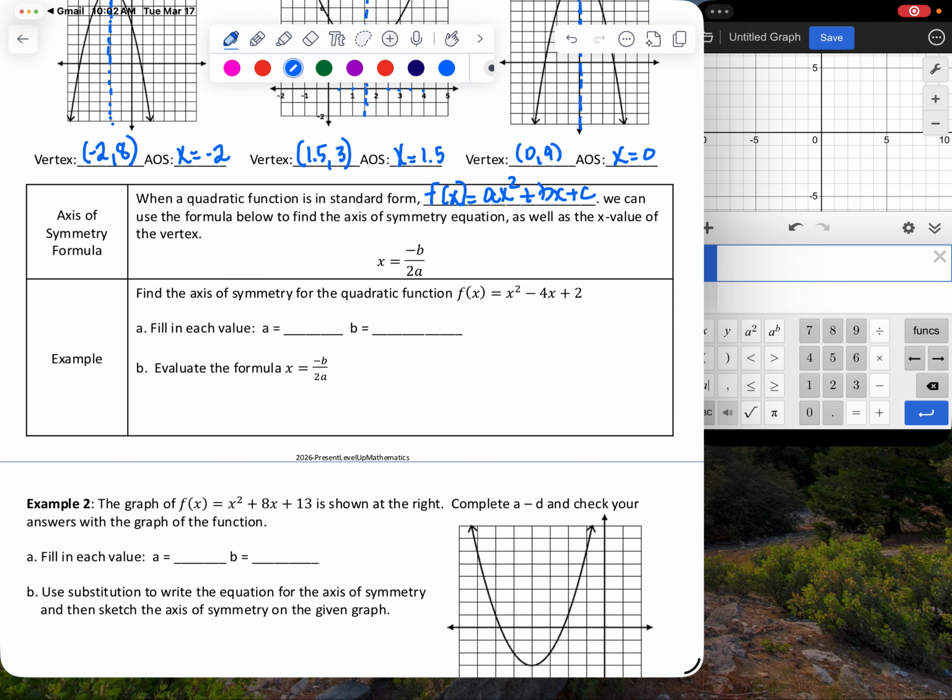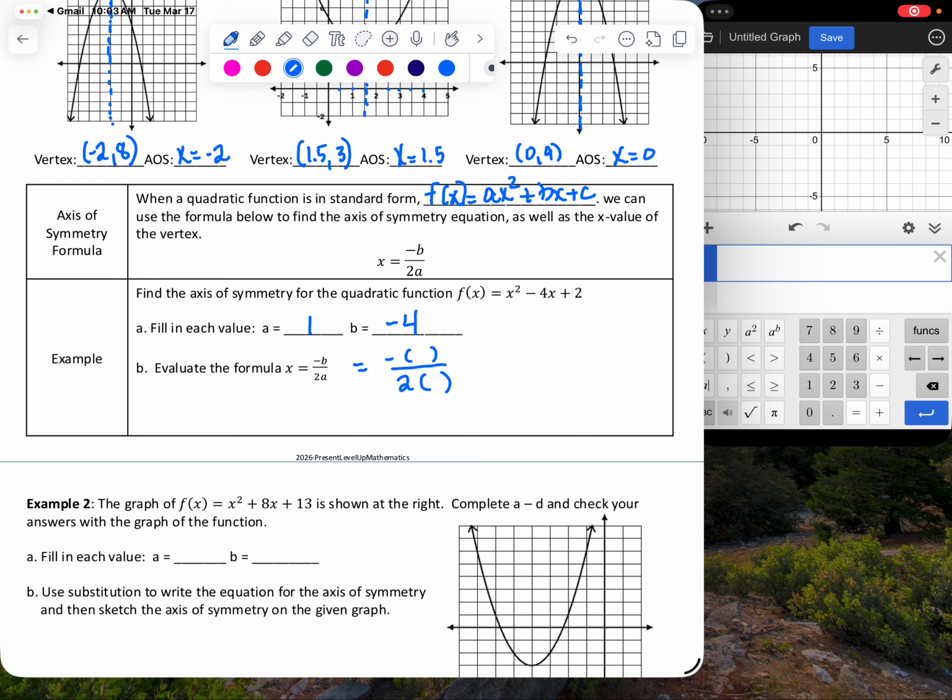So the value of a in this problem is 1. The value of b is negative 4. If we evaluate the formula x equals opposite of b over 2a, I would replace all the variables with parentheses.